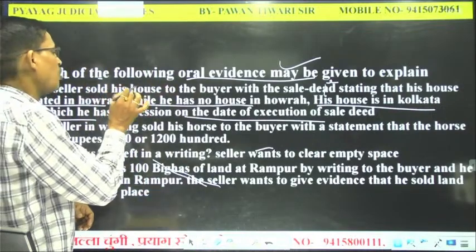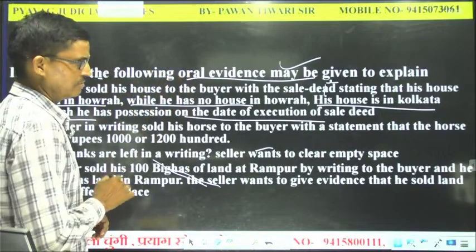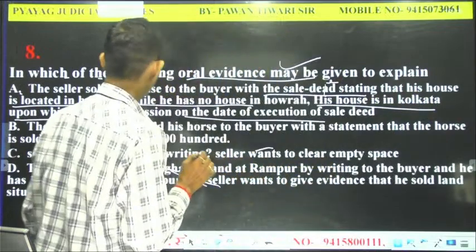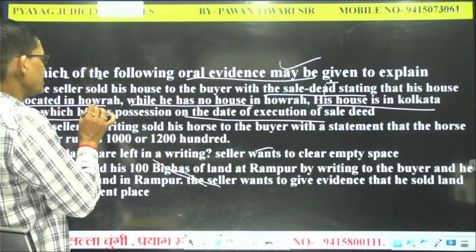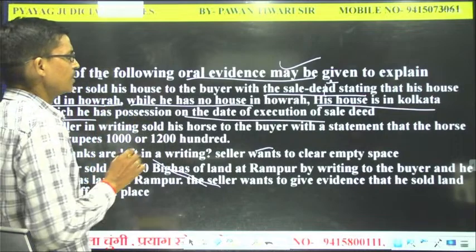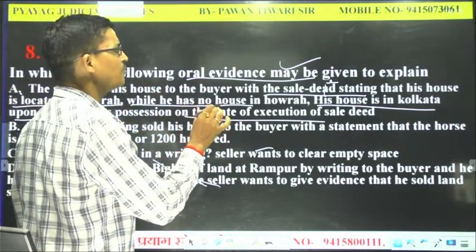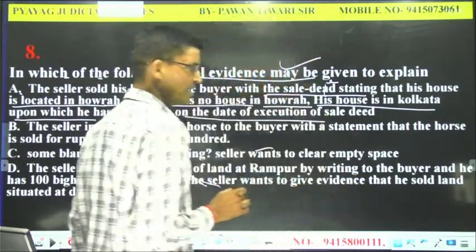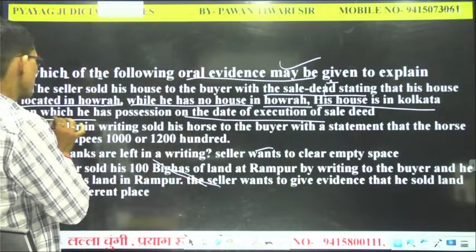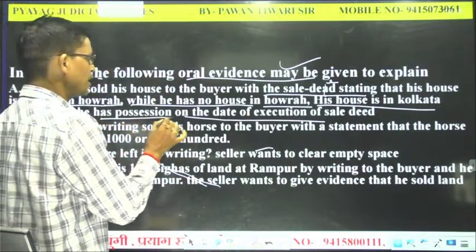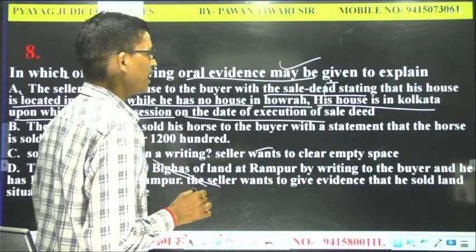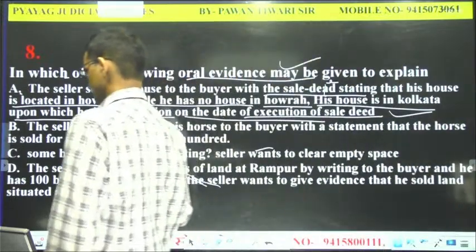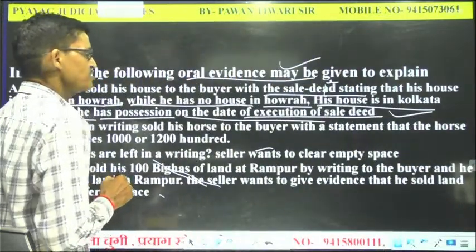The seller sold his house to the buyer with the sale deed stating that his house is located in Howrah, while he has no house in Howrah. His house is in Kolkata, of which he has possession on the date of execution of the sale deed. This is the correct answer.